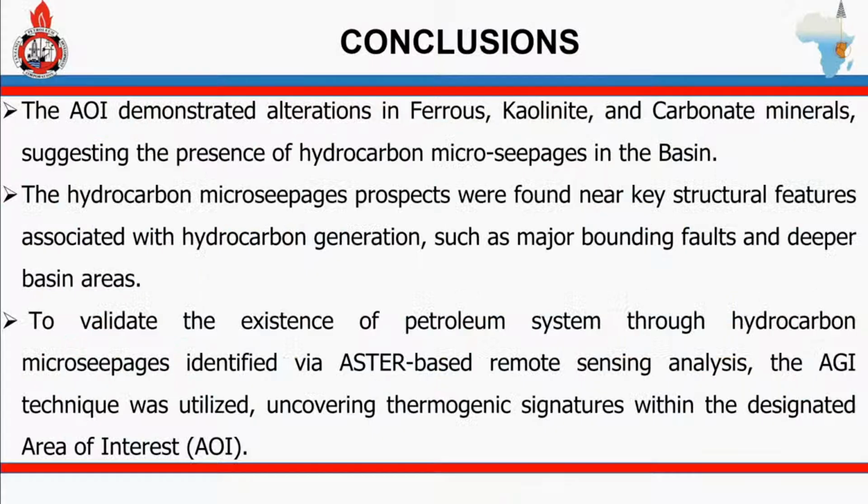the conclusion of this study, as we have seen in the area of interest, has definitely demonstrated the alterations in ferrous, kaolinite, and carbonate minerals, which suggest the presence of hydrocarbon microseepages in the basin.